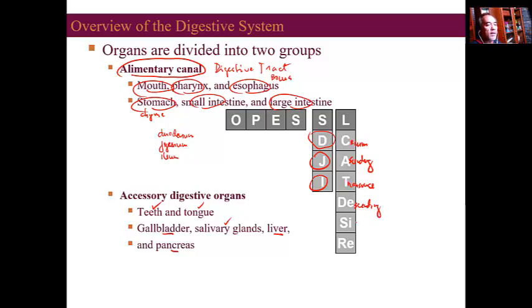Then SI is sigmoid, so I use DE as descending and SI as sigmoid. It looks like an S-shaped colon. And RE is rectum. So it's easy to remember: CAT desire. Those are the sequence of the large intestinal tract.